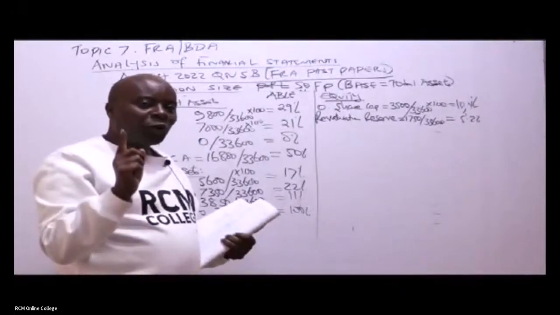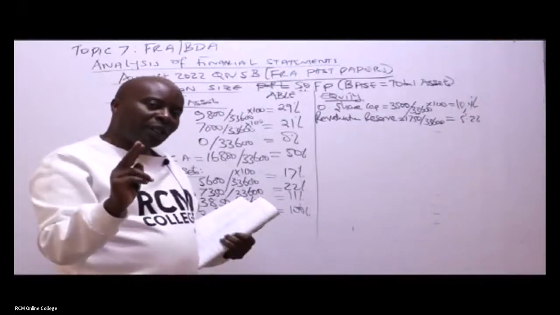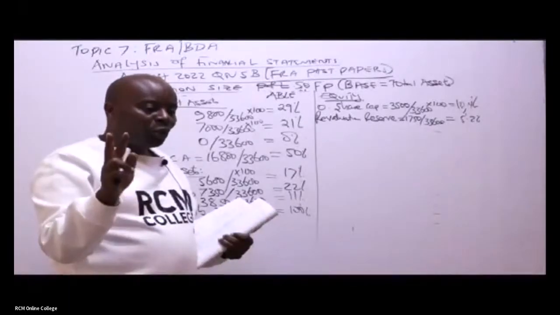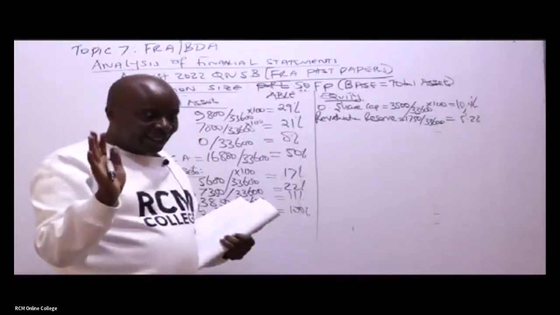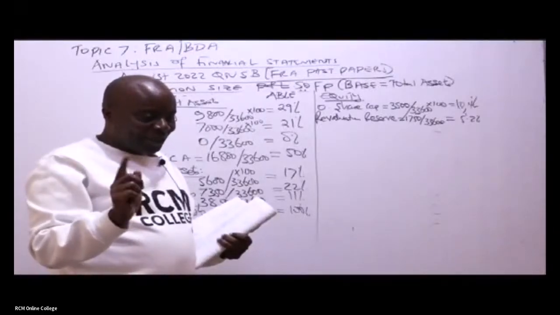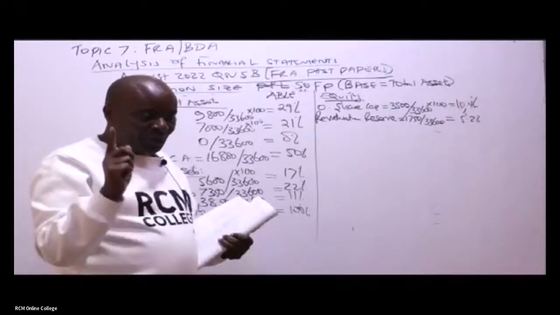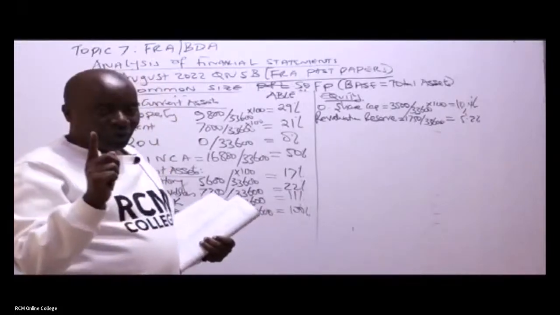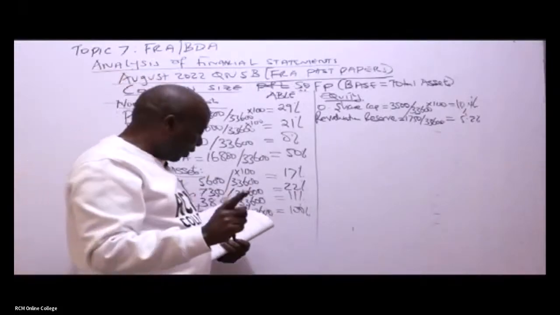But in an exam, please don't make that mistake. In an exam, you shall round off to, at the very least, 2 decimal places. I think that is clear, isn't it? You must round off to a good number of decimal places because of accuracy.